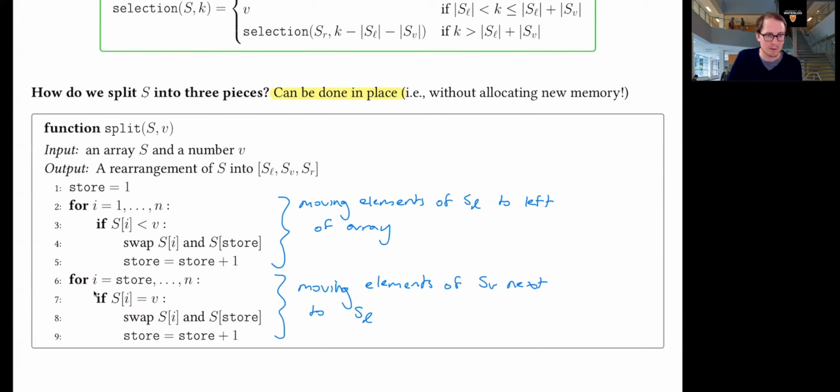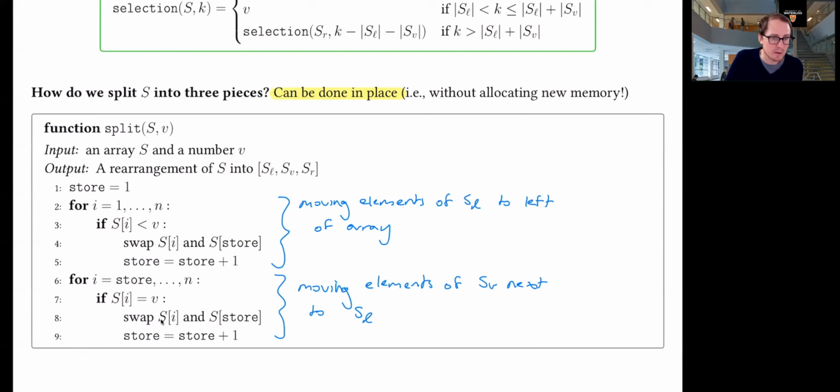So then we just continue with the swapping. We check if Si is equal to V, and we do a swap, we increment store, and so on. And at the end, we've moved everything equal to V next to everything that was in S left, and then necessarily all that's left over is what's in S right.